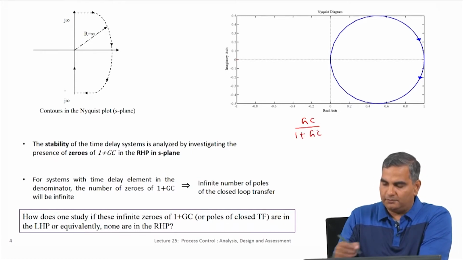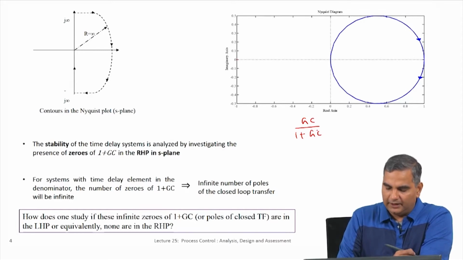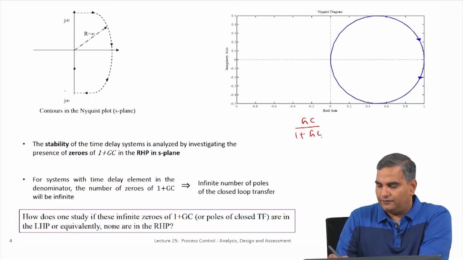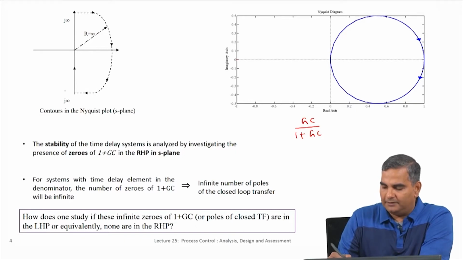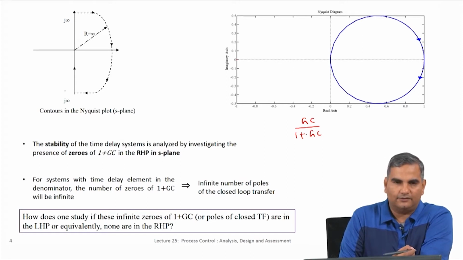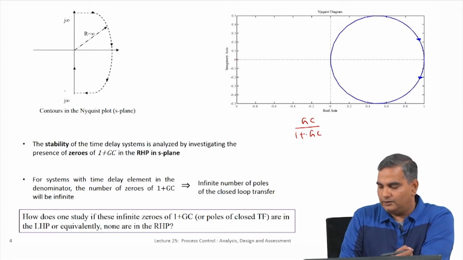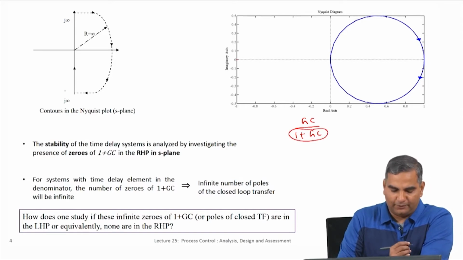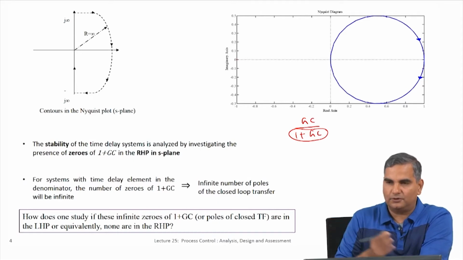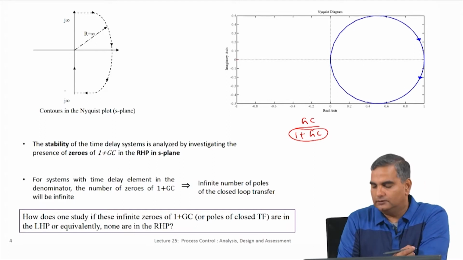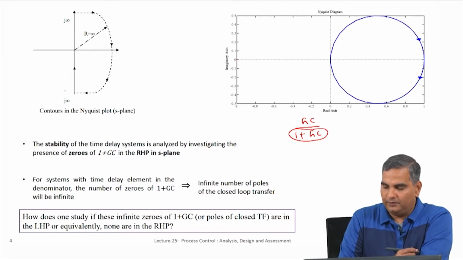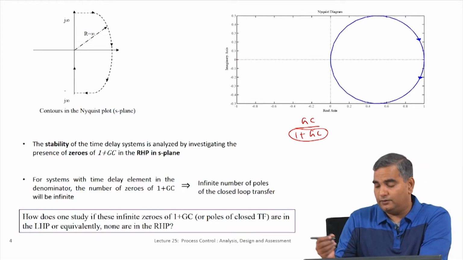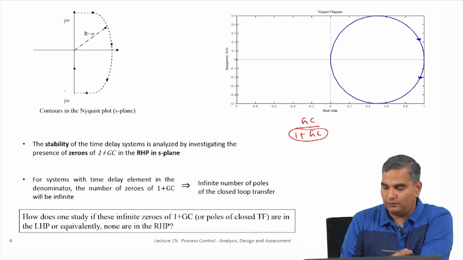This is going to be some numerator by denominator form, and if I have time delay elements in my controller, which get introduced because of time delay in my system, then this denominator polynomial is going to have an infinite number of poles, because if I conceptually expand e power minus tau d s into an infinite polynomial, I will get a lot more poles. So that was our problem. How do you guarantee that none of the poles actually clip into the right half plane is what we are interested in.